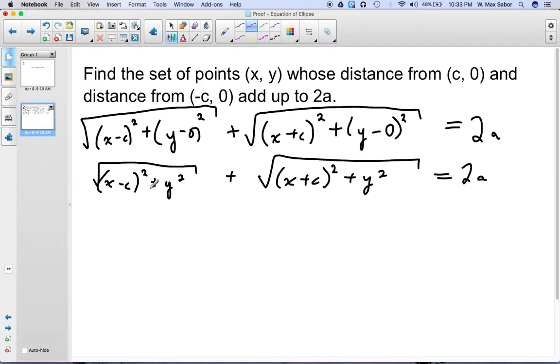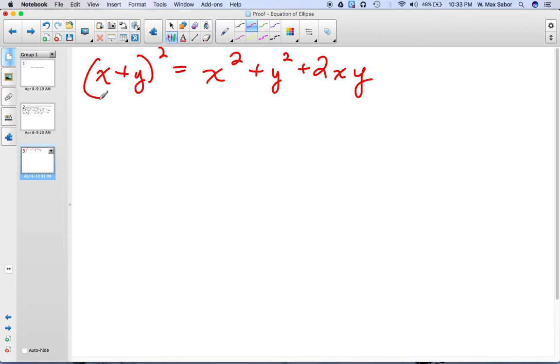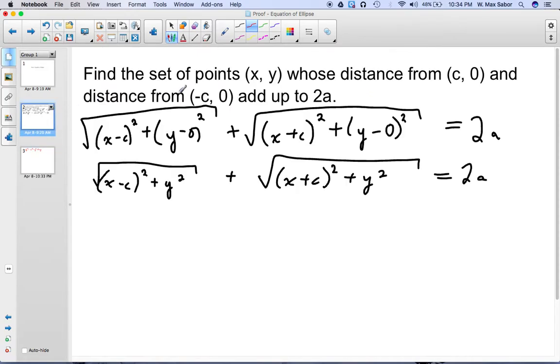What I know about squaring is that when I square, say, (x plus y) squared, it's going to give me x squared plus y squared plus 2xy. So, because I'm taking a square root and another square root and squaring them, I'm going to get rid of the square root once, get rid of the other square root, and then I'm going to do 2 times the other two square roots. So, here's the first thing squared.